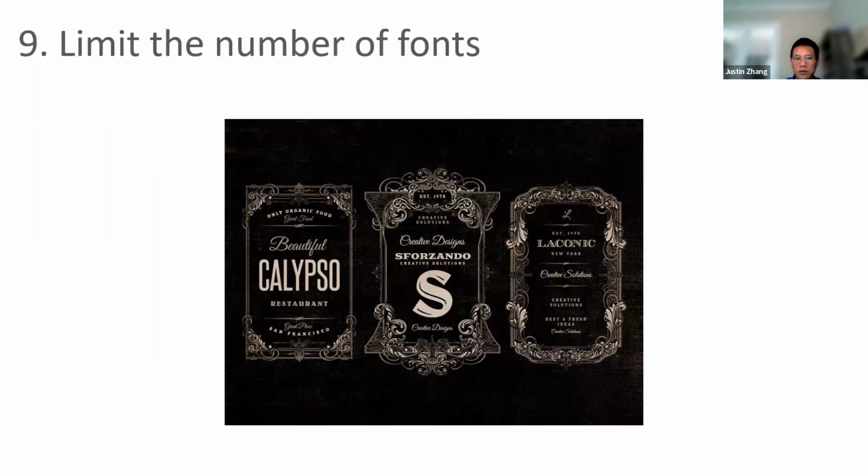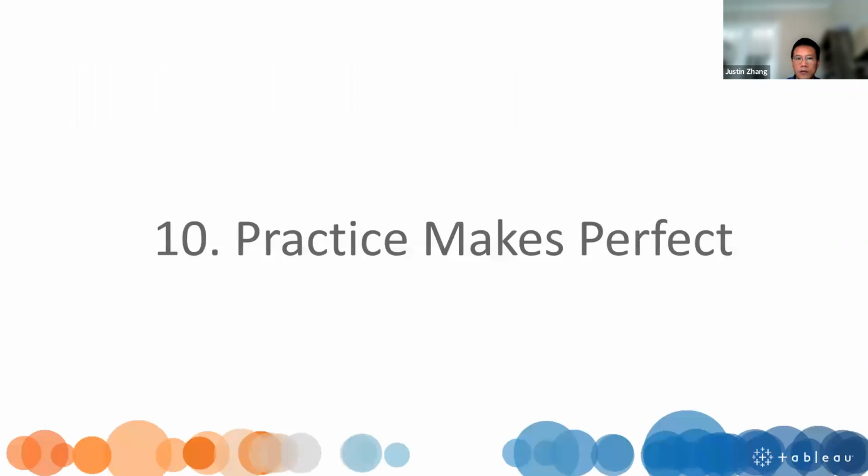Number 9, it's better to limit the number of fonts being used. If you use too many, it may actually be counter-effective. Number 10, practice makes perfect. So try to play around with different ways to improve the best performance of your design.